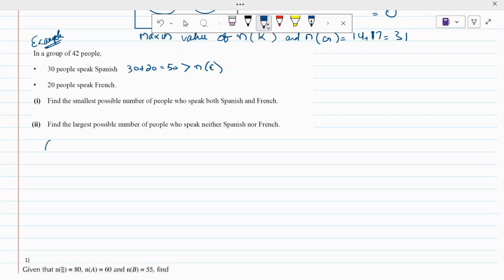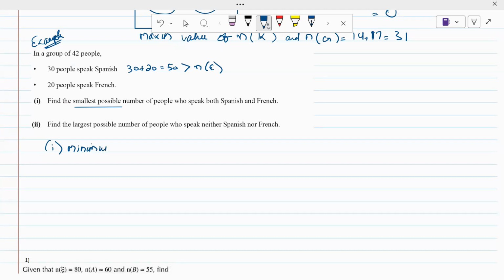So for part one, what do you think? Should we go for small intersection or subset? Smallest means minimum.